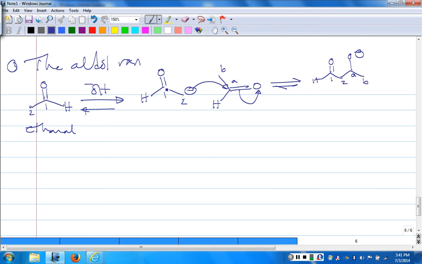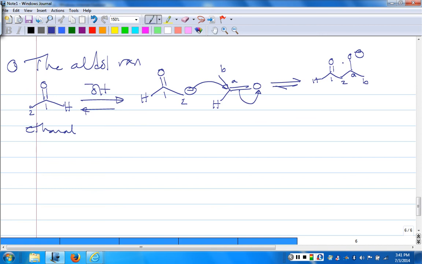The carbonyl of the enolate remains intact. The carbonyl of the aldehyde, the neutral aldehyde, suffers a reduction because the pi bond breaks. What was once a double bond O now becomes a single bond O with a minus charge. The H is still there, I just haven't shown it in the bond line. The methyl B is still there.